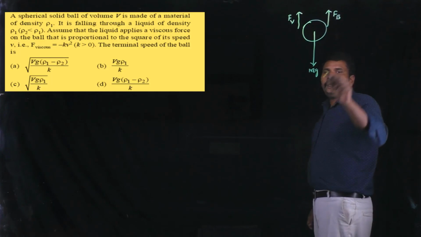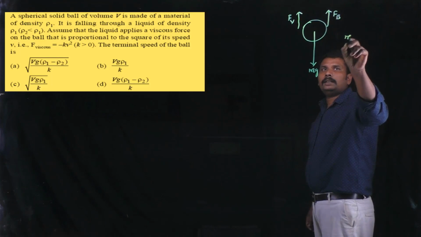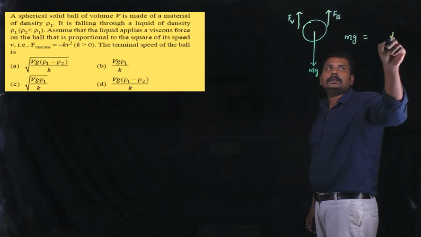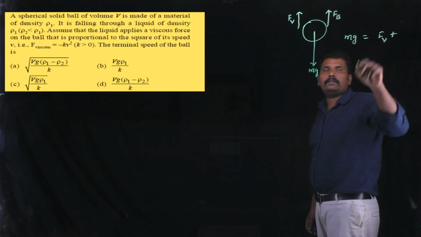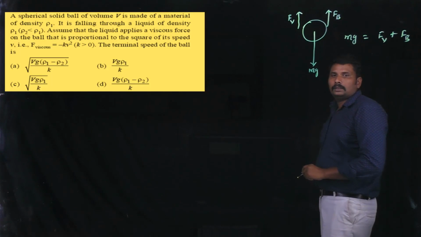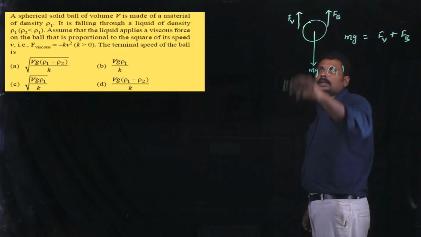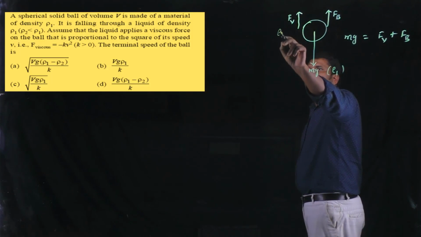At the condition of terminal velocity, the weight of the ball is exactly equal to the sum of the viscous drag force and the buoyancy force. Here, the density of the material is given as ρ1 and the density of the medium is given as ρ2.